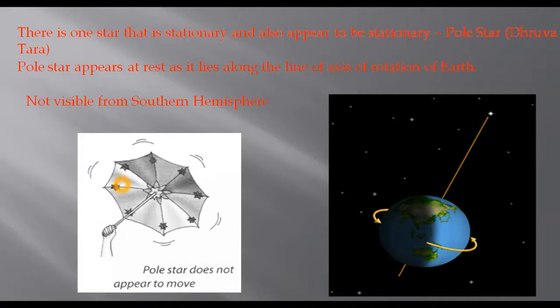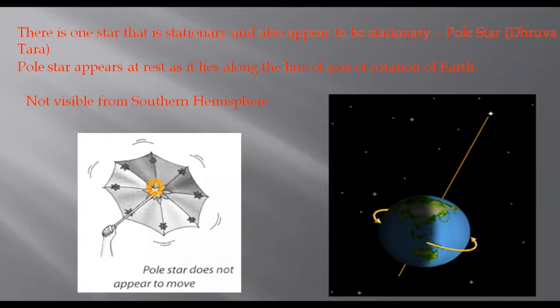But there is one star which doesn't appear to move. The star which doesn't appear to move is located here at the top end of the central rod, which is being rotated. So in this activity, the central rod of the umbrella is like the axis of rotation of Earth, and the star fixed at the top end is like the pole star.